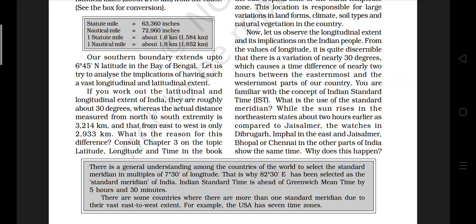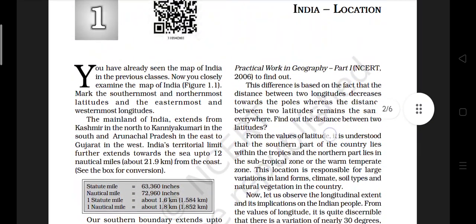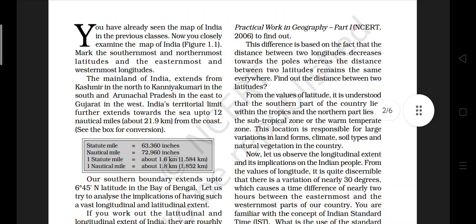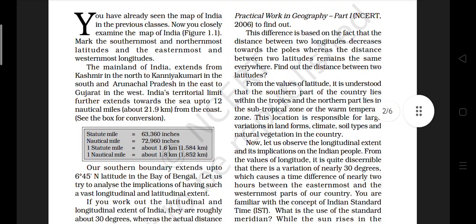What is the reason for this difference? Consult chapter 3 on the topic latitude, longitude and time in the book Practical Work in Geography Part 1, NCERT 2006, to find out.